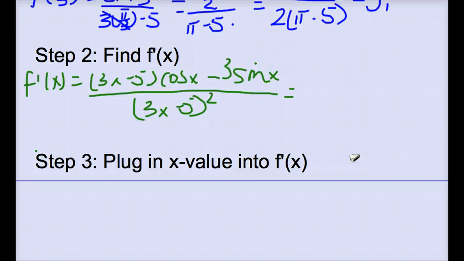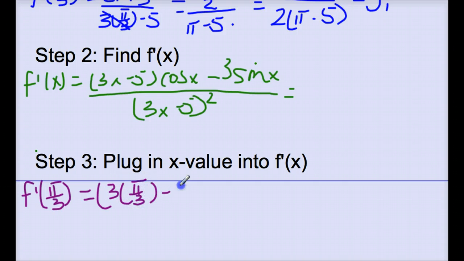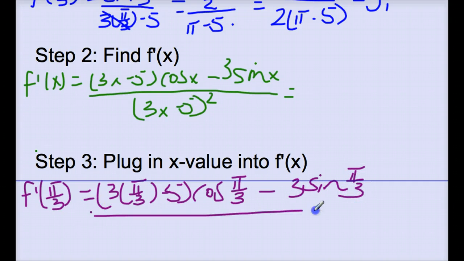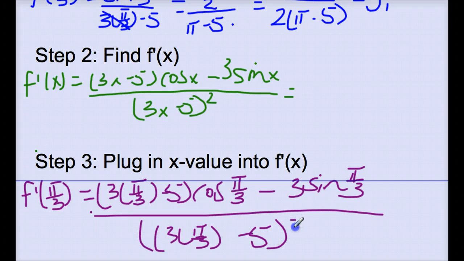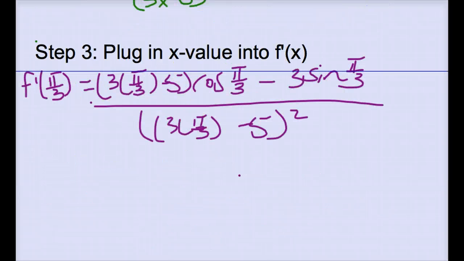So f prime of pi over 3 is equal to 3 times pi over 3 minus 5, cosine of pi over 3, minus 3 sine of pi over 3, divided by 3 times pi over 3 minus 5, quantity squared. Let me extend this page.